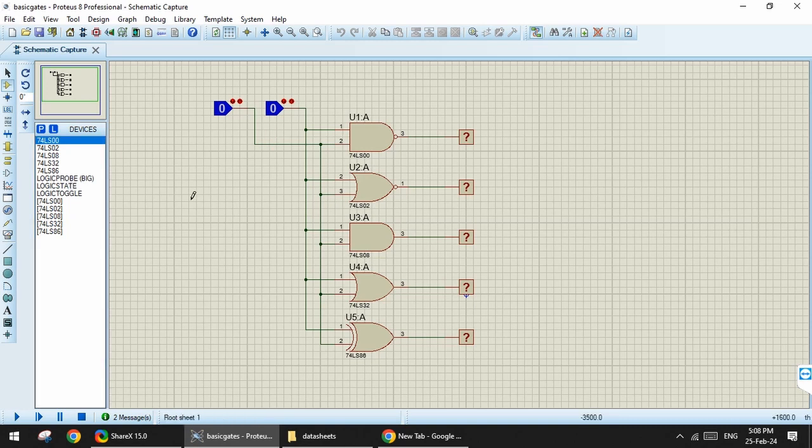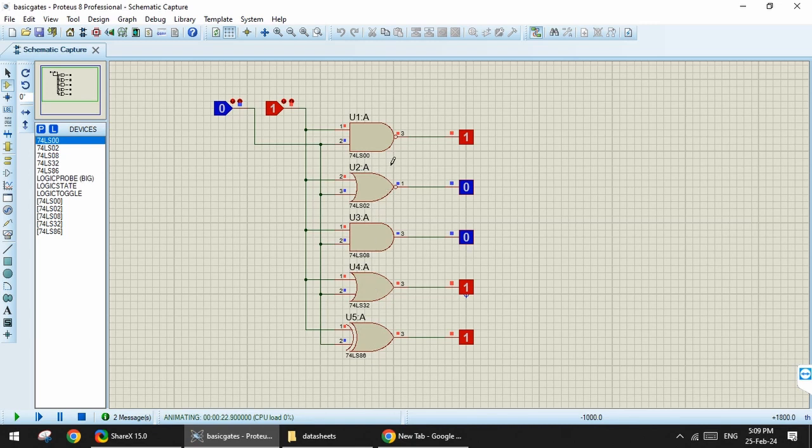If we want to simulate, we can simply click the run button over here and give the inputs and observe outputs. I have used the same inputs and connected them to each of these gates. We can change the inputs and observe the change in the outputs of all of these gates at the same time.